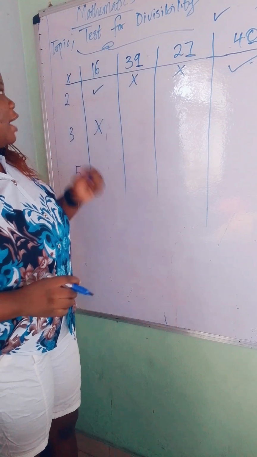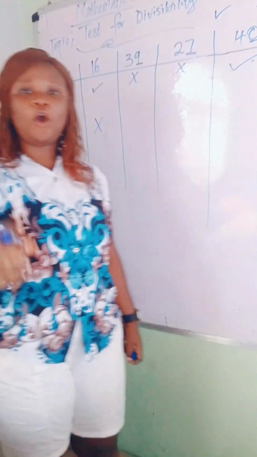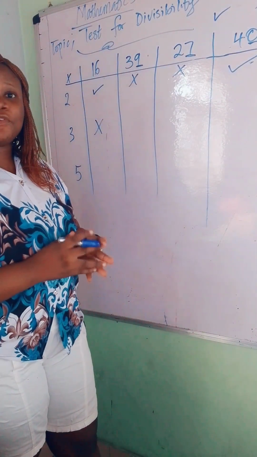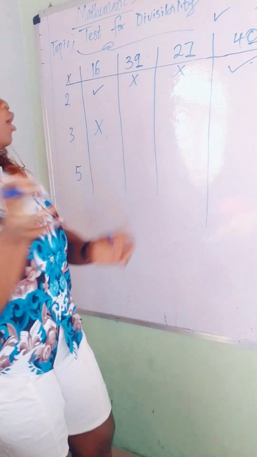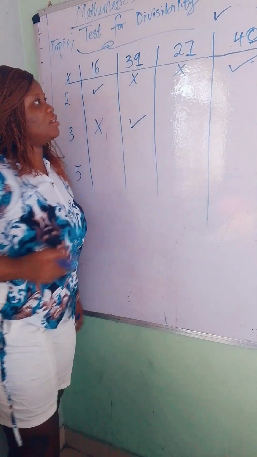Let's go to 39. So we add up. 3 plus 9 is 12. And of course, in our 3 multiplication table, 12 is part of the results. 3 times 4 is 12. So 39 is divisible by 3. You tick it, right?